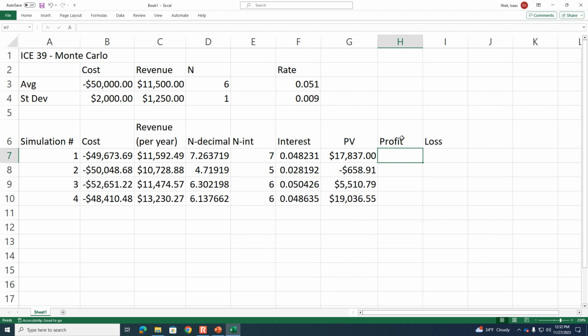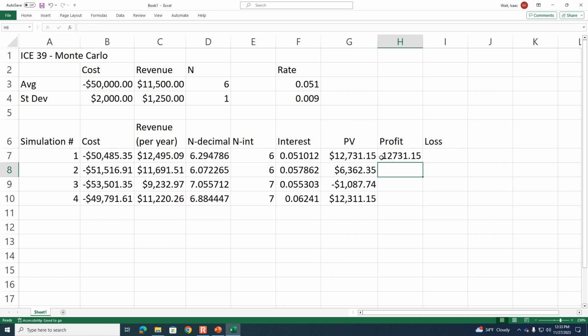And so we'll do equals IF this is greater than 0, then make it the amount. Otherwise, if it's false, let's just have it say false. And I think having the parentheses is the way to go. I'm sorry, the quotes if I want it to report text.